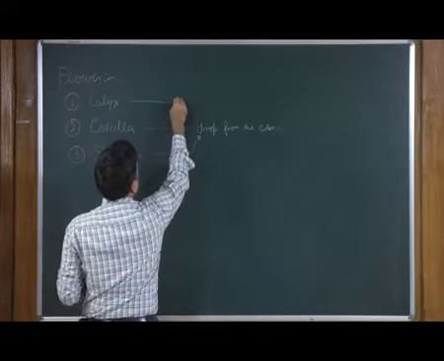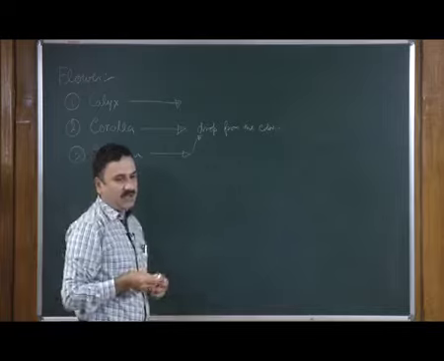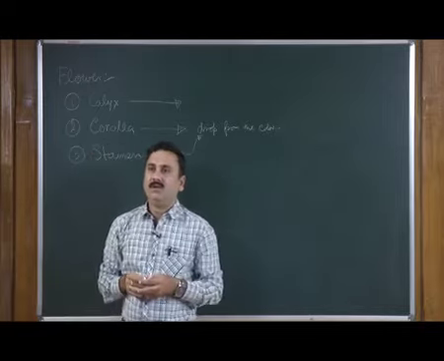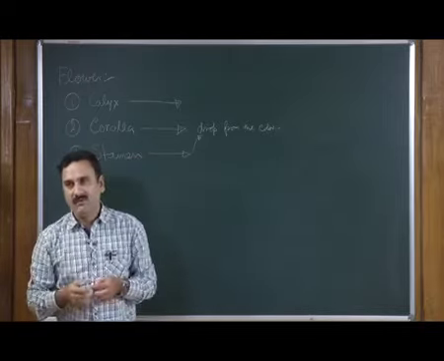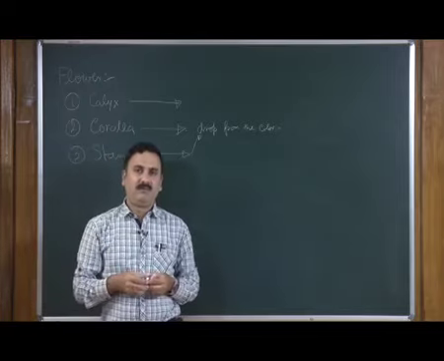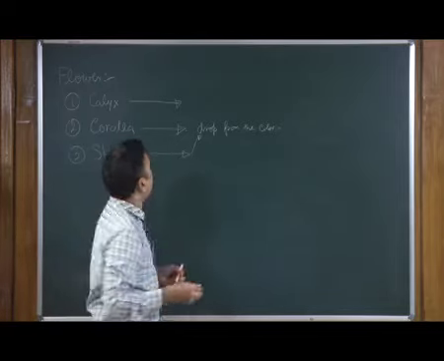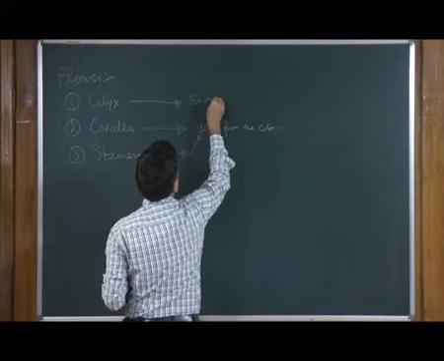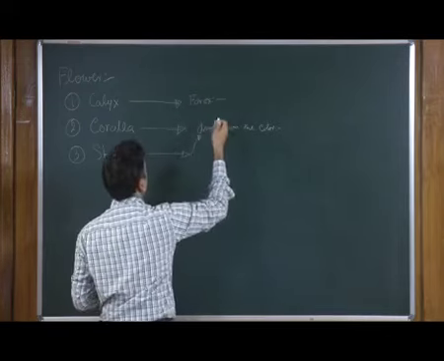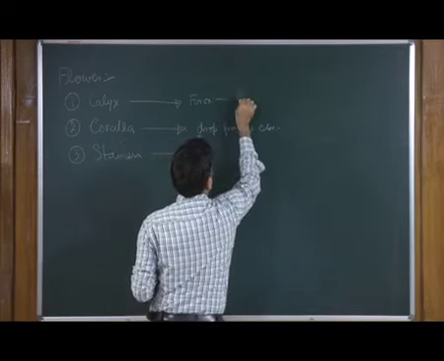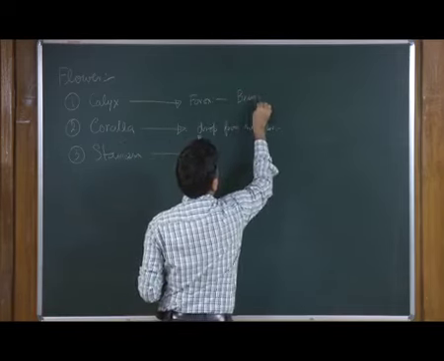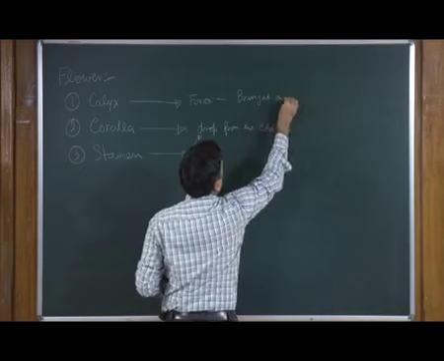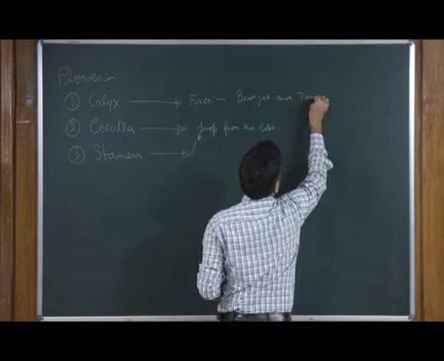In some cases, the calyx remains attached with the developing flower. Examples where the calyx remains associated after fertilization are brinjal and tomato.